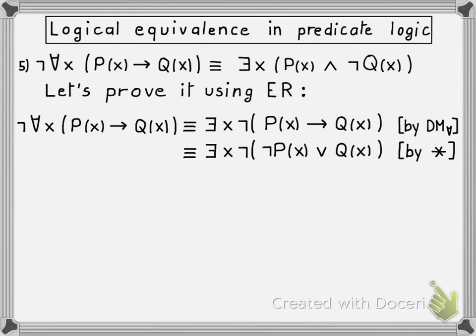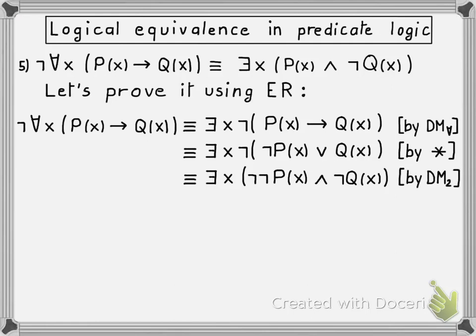Now, we're not there yet, but we're pretty close. So the next step, I hope you can see, is to apply the negation to the disjunction. And to do that, we use De Morgan's law, resulting in this equivalence.